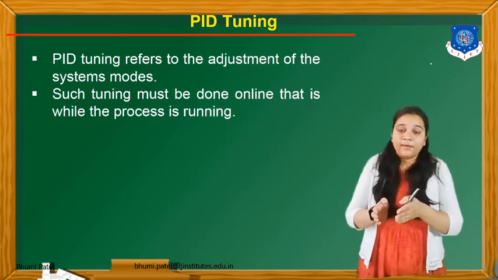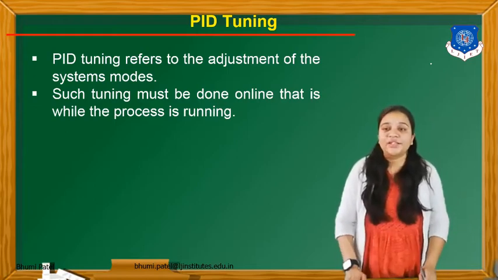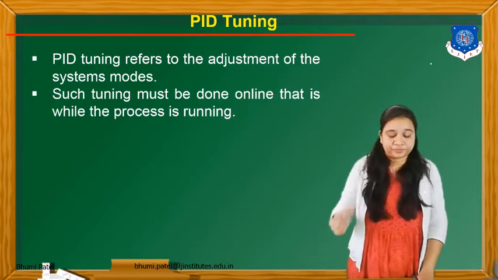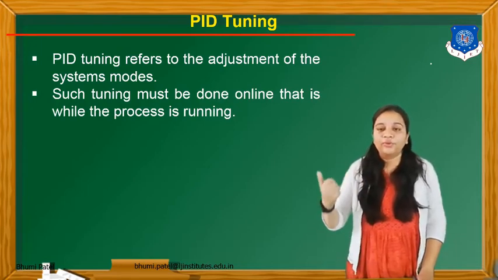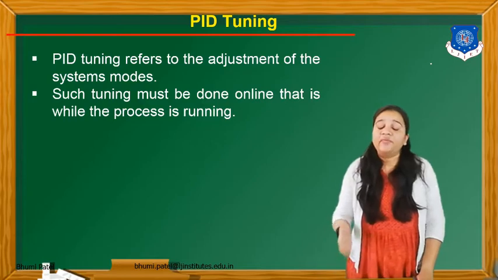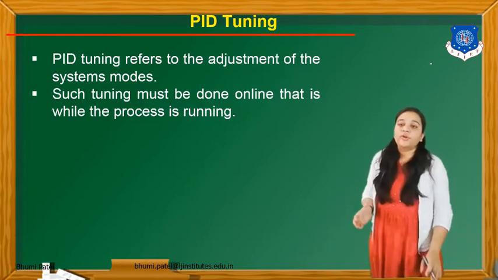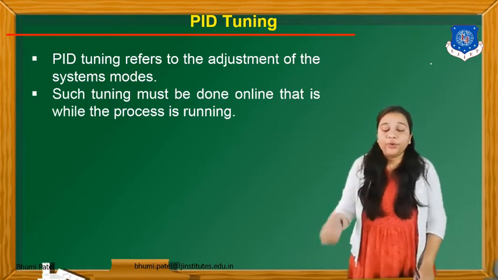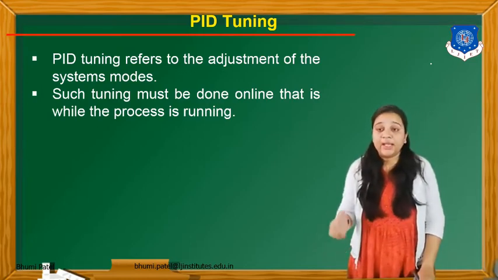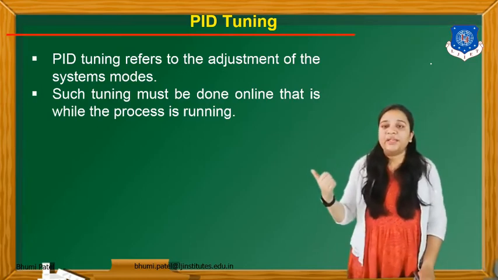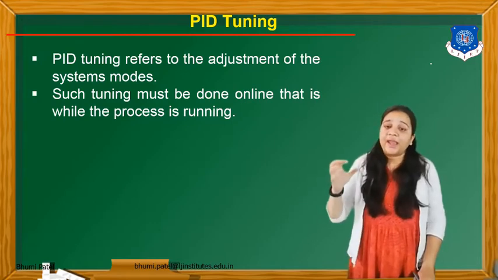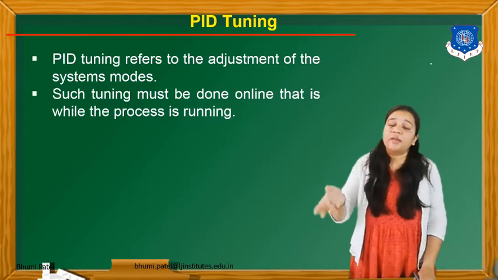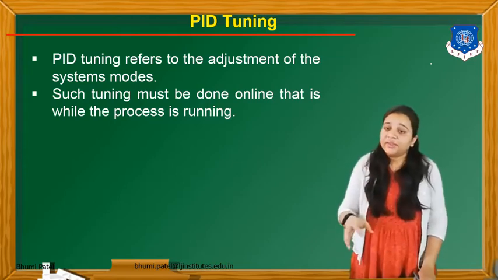Whenever we finish programming with the software, we have to load the program to the PLC hardware and then check whether the output is proper or not. If an error is generated during the hardware processing, using PID tuning we can adjust the data in the software, and the same process is carried out on the hardware in online mode.